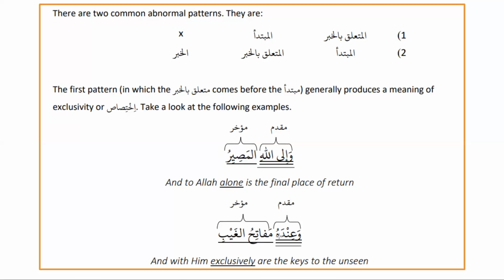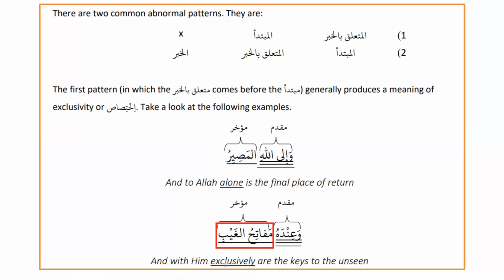Damir muttasil, mudaf ilayh fi mahalli jar. So indahu is mutaliq bil khabar, and it is muqaddam. Khabar is mahzoof. Mafatihul ghaibi. Mafatihu is mudaf, al-ghaibi mudaf ilayh. Both together, this idafa fragment, making the mubtada, which is muakhar.